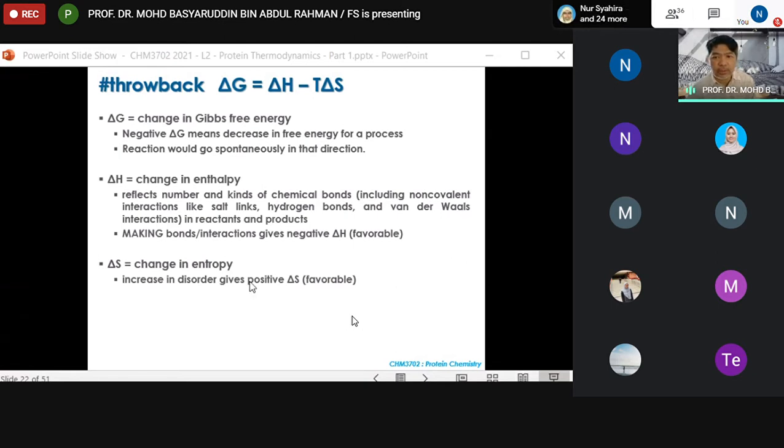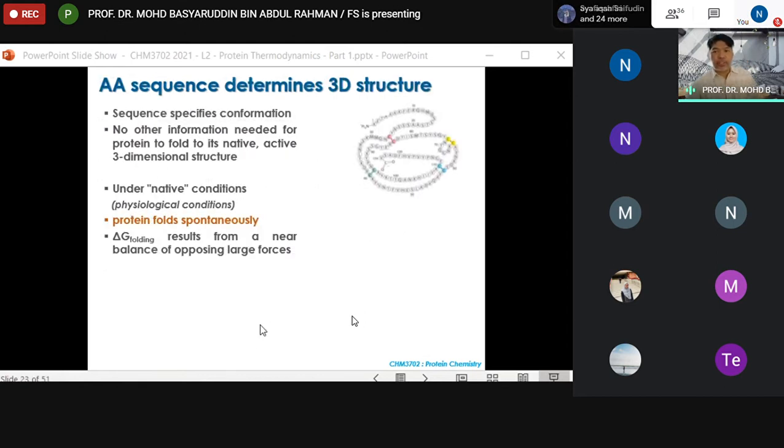So that is the information you need to find out. The change in entropy is related to what kind of interactions or bonds. So this is just to give you an overview again about what's going on.